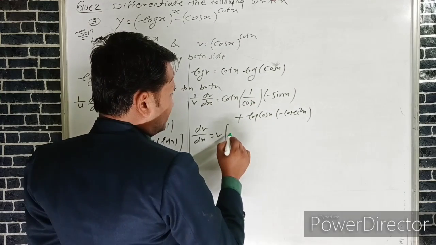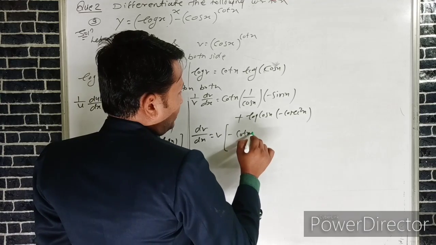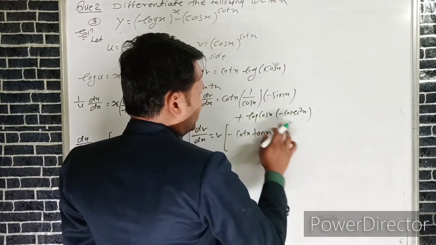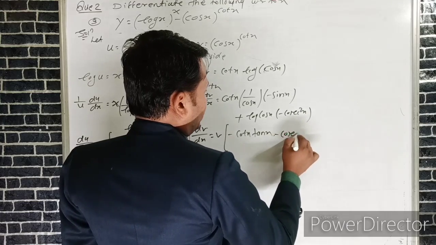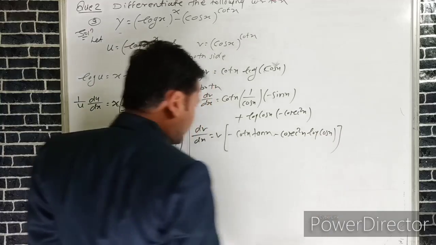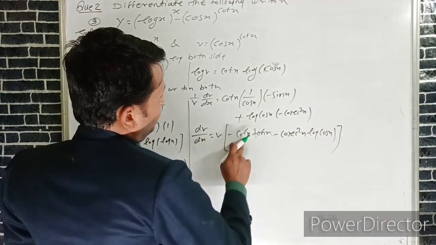We can write it minus cot x into tan x plus minus cosec squared x into log of cos x. Here cot x into tan x is 1.